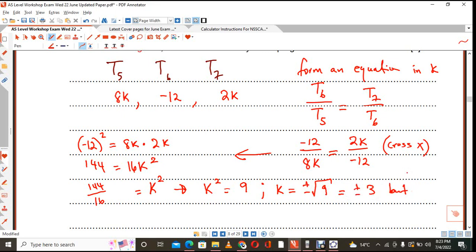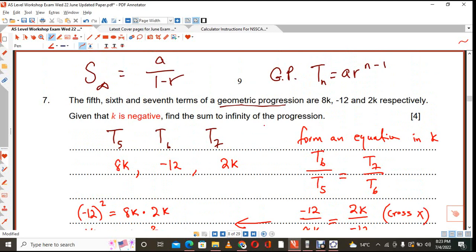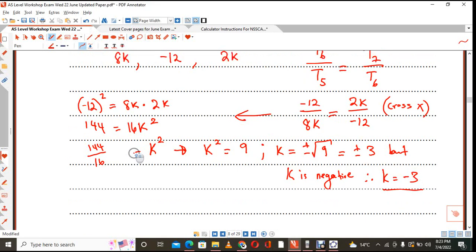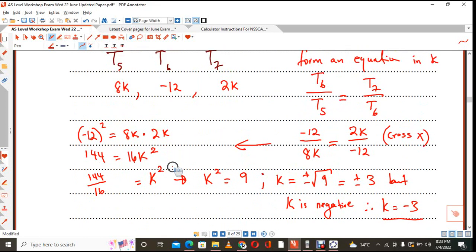But we are told right here that k is negative. Okay? So our only acceptable answer is that k is negative. Therefore, k equals negative 3. Okay, so we have our k. So we can actually form our sequence.